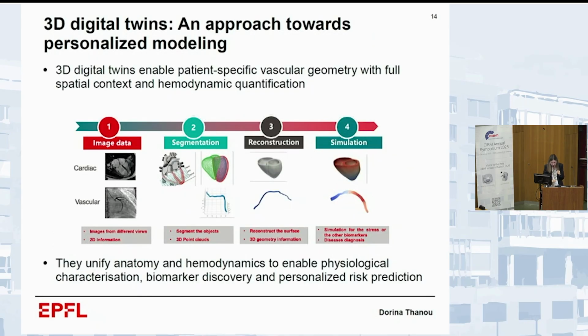And then going one step further, so far we've been talking about modeling the narrowing with the graph, but what we can do is to move from these 2D images, from the angiography, from these X-ray images, into a 3D reconstruction of the arteries.